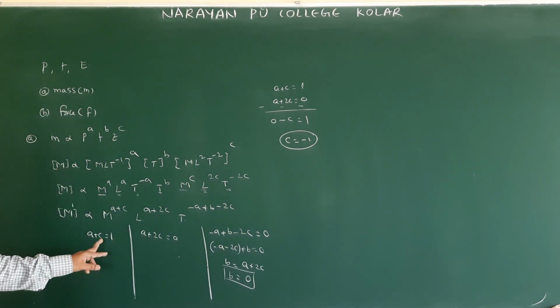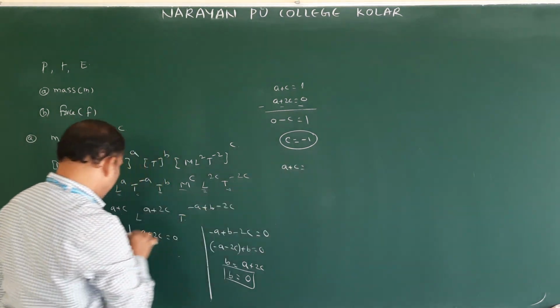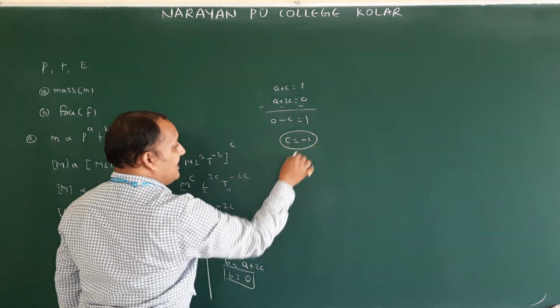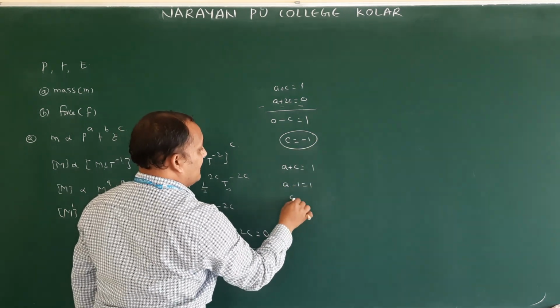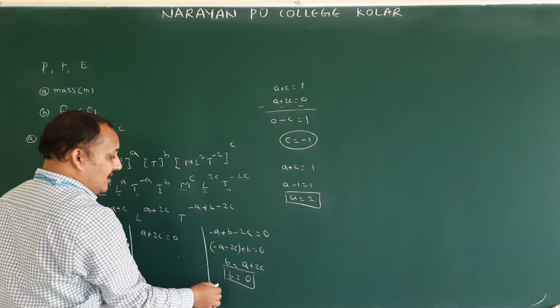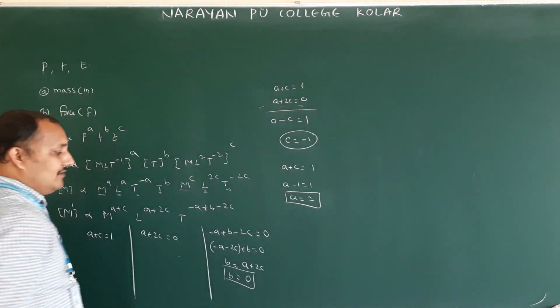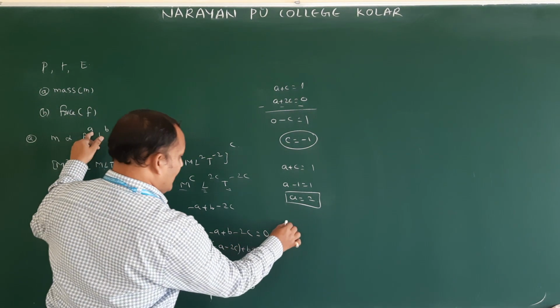C is equal to minus 1, so what is the A value? Substitute here: A plus C is equal to 1. What is the C value? Minus 1. Then A minus 1 equal to 1, then A is equal to 1 plus 1. See, A value got, B value got, C value got. Therefore, substitute in equation 1.